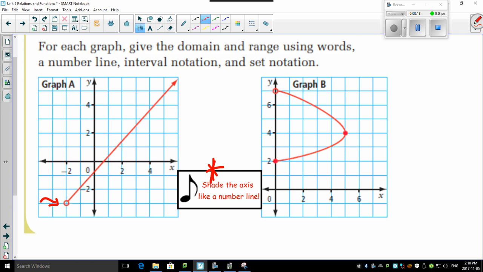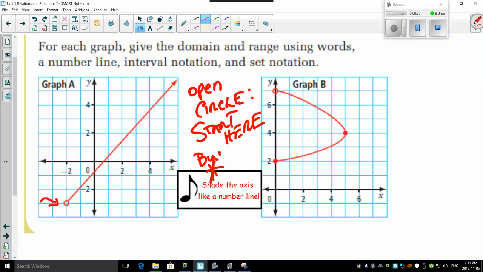Notice that it has an open circle. Open circle means that's your starting point, but you don't include that number. So right down here, open circle means start here, but don't include the number.